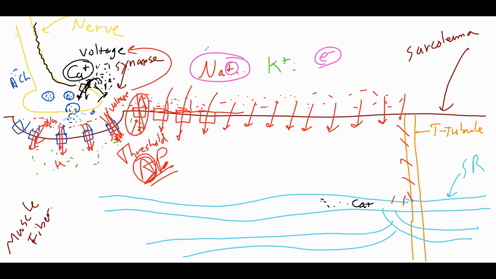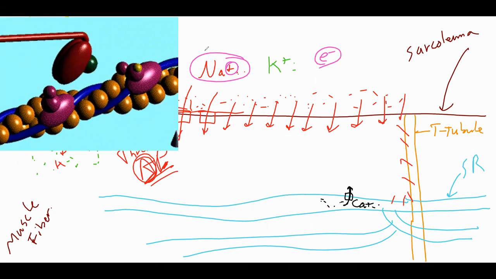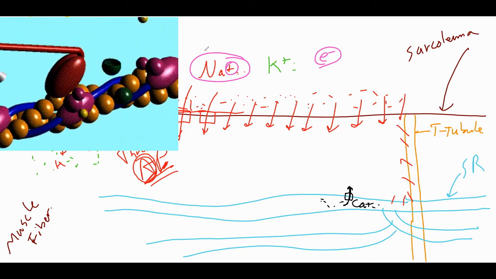Okay, the sarcoplasmic reticulum has voltage regulated calcium channels again. And when they get that voltage, they let the calcium out of the sarcoplasmic reticulum and let it get at the sarcomeres, at those actin filaments, those thin filaments. And when that calcium gets to those thin filaments, it's going to allow that actin to change shape.